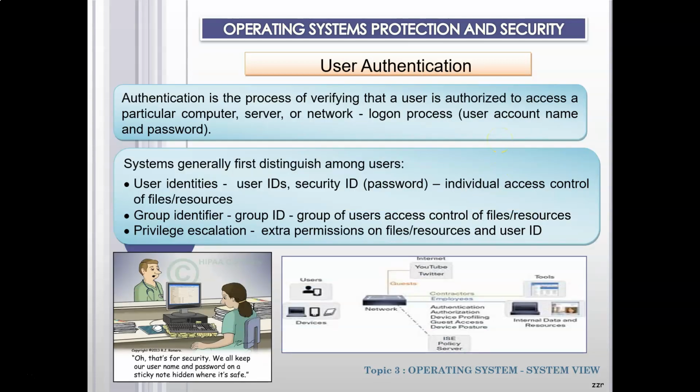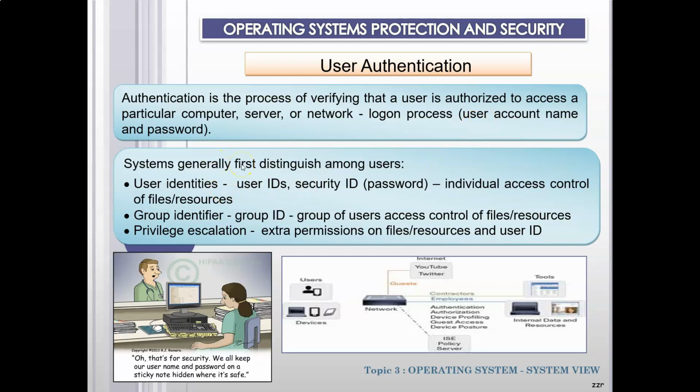Coming to user authentication. As we discussed before, authentication is the process of verifying that a user is authorized to access a particular computer, server, or network by providing a login password. That is to make sure that only a legitimate user, or a user with the password, can access the computer.